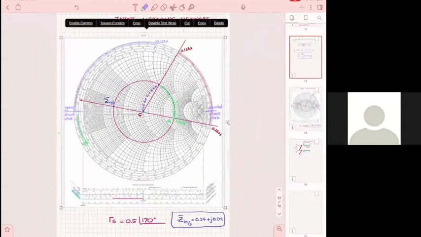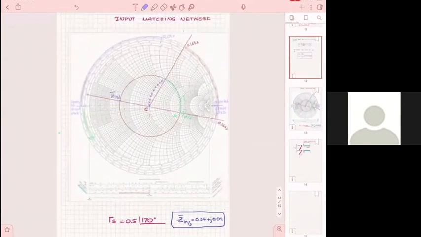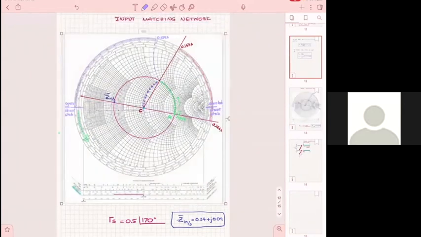Any questions? I do have a question. I still don't understand why it's moving towards the load instead of towards the generator for the input matching network. What is the center of the Smith chart? It's 1.